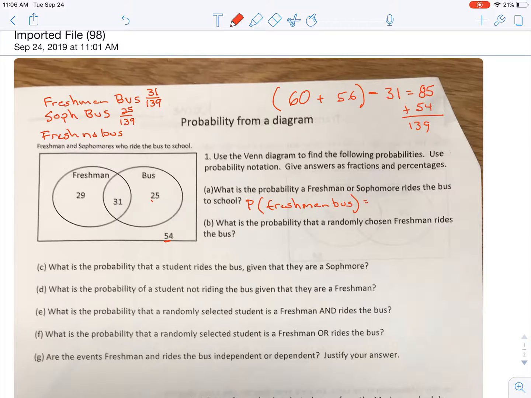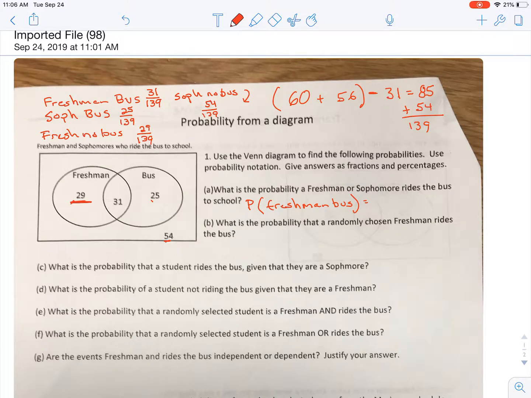Freshman no bus would be the people in the freshman circle that aren't in the bus circle. So that's 29 of 139. And then the only other combination that we haven't done is sophomore no bus. And I'll write that down there. And that's going to be the only number that we haven't used, which is 54 of 139.